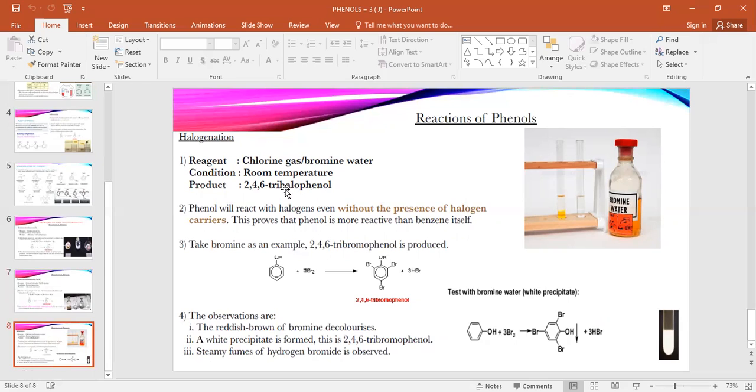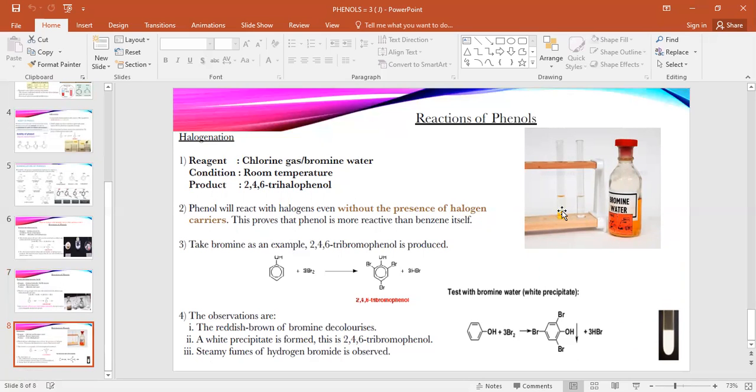Halo means maybe chlorine or maybe bromine. The phenol will react with halogens even without the presence of a halogen carrier, meaning without any catalyst. This proves that phenol is more reactive than benzene itself, because for halogenation of benzene we need a catalyst, but this reaction will take place without a catalyst.